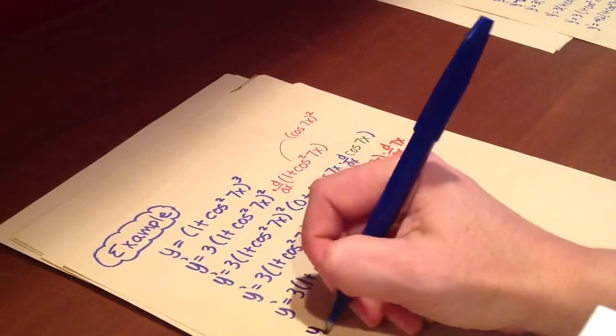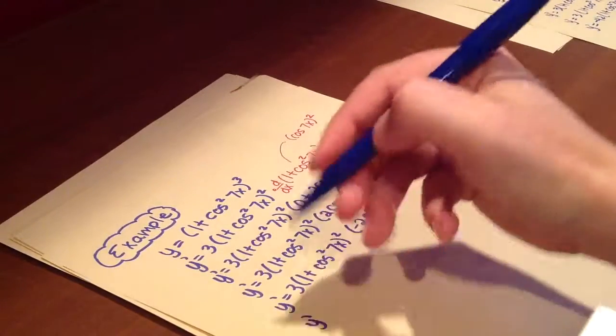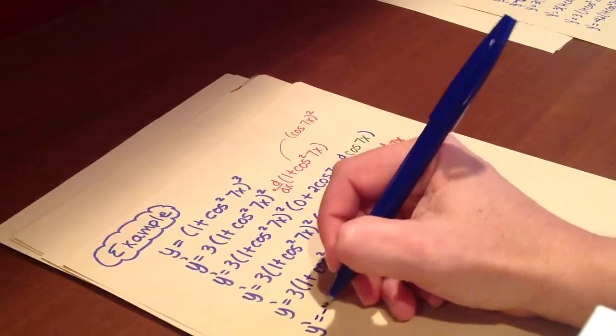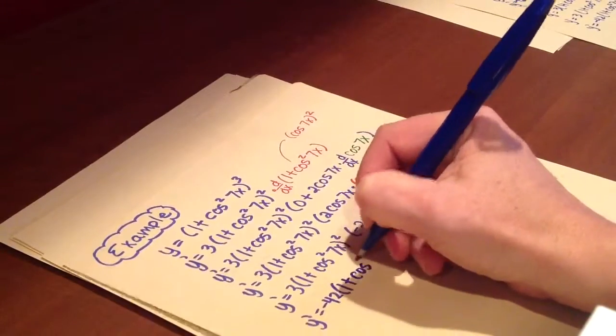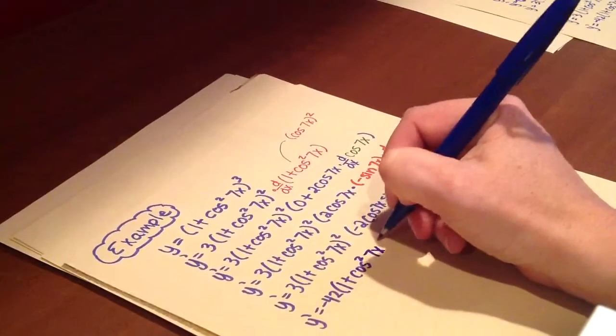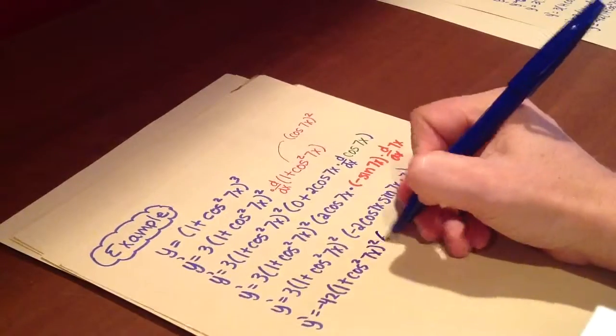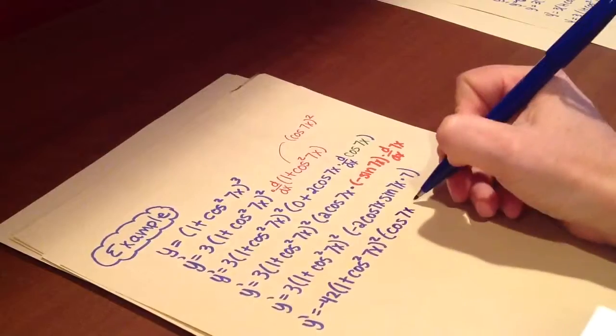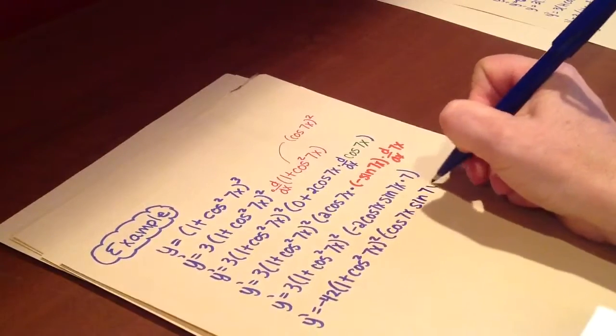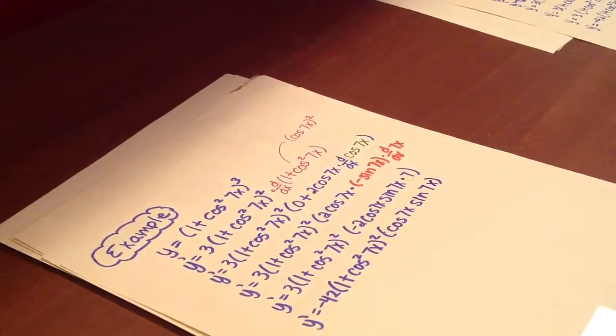Okay, so now I've got negative 14 times 3, which will give me negative 42 out front, times 1 plus the cosine squared of 7x squared, times, I already took the negative 14 out, so I'm left with cosine 7x sine of 7x. And that is your final answer.